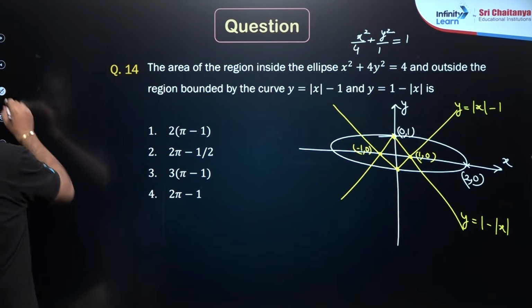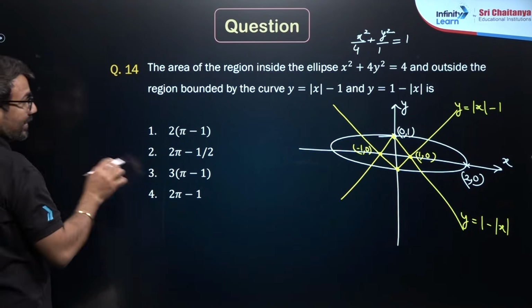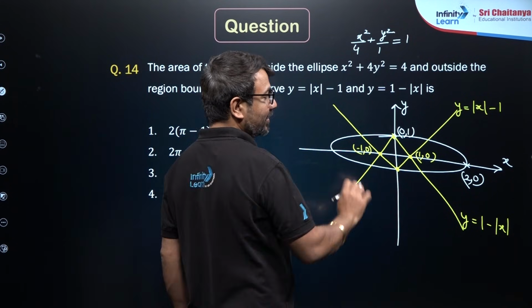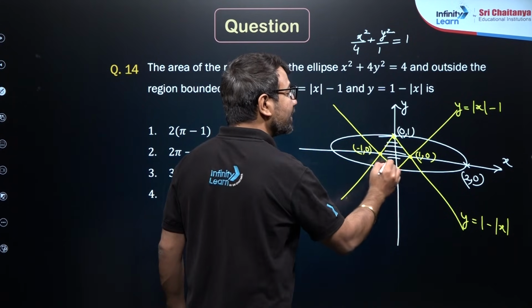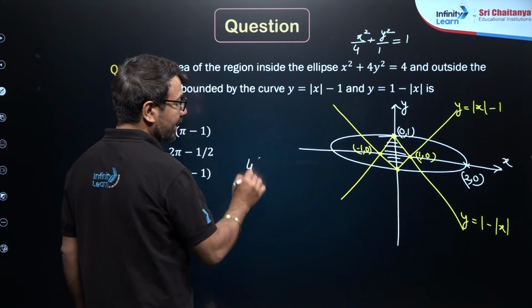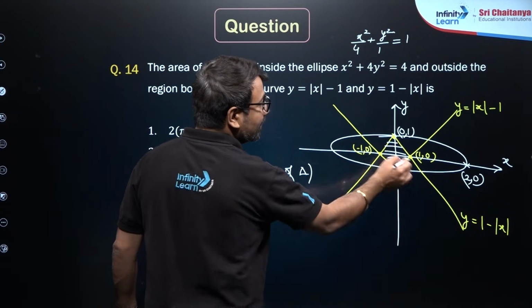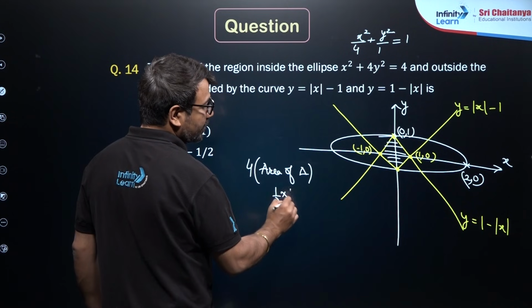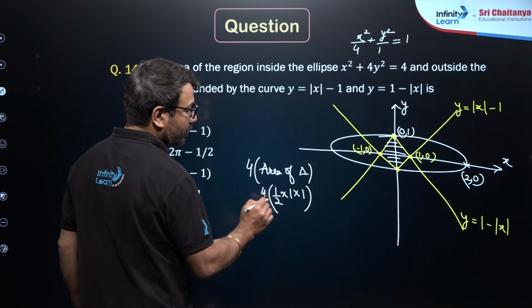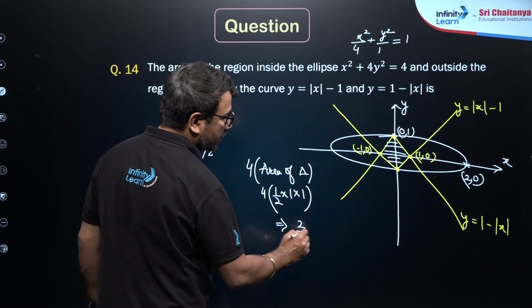Now what you need to do, you just focus on the area inside the diamond. Area inside the diamond is 4 times the area of a triangle. Area of one triangle will be half into base into height. And if you multiply by 4, you will have 2.